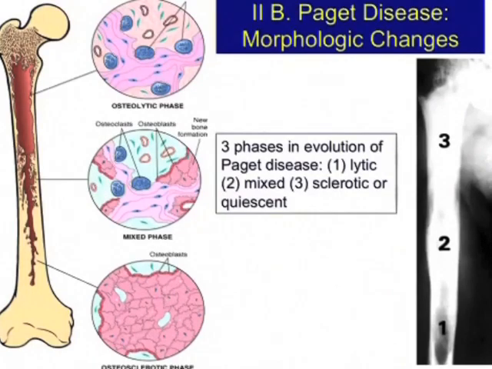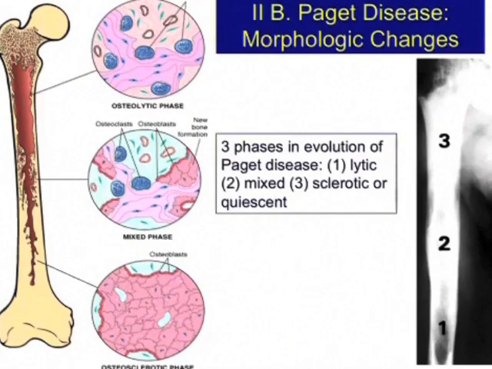I will say that in stage 1, it is probably more of an acidic milieu, because you've got osteoclasts burrowing into the bone, and they are functioning here. So this is probably acidic. Now, in stage 2, I don't know, because you have both osteoclasts resorbing and osteoblasts laying down bone. And then in stage 3, you don't see osteoclasts here anymore, so you're probably not going to see resorption pits anymore.